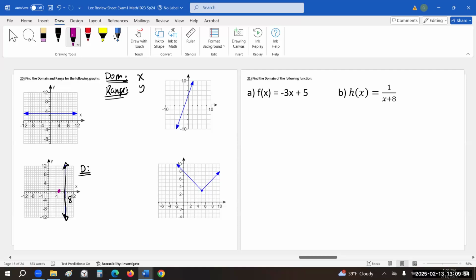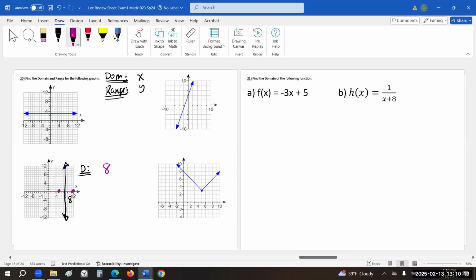Are you using the X value 4 in your graph? Are you using X value 10 in your graph? 8, right? So we are using only one X value in the graph. So our domain has only one X, which is 8. We are not using anything before 8, anything after 8 in the graph.